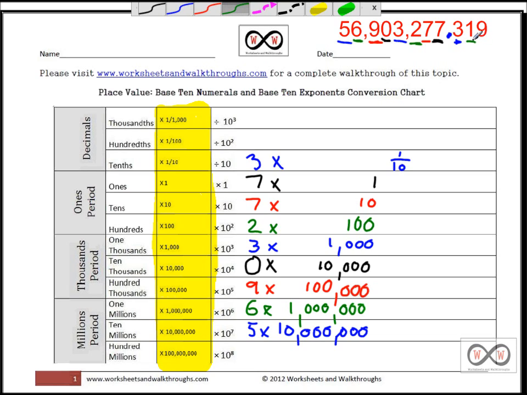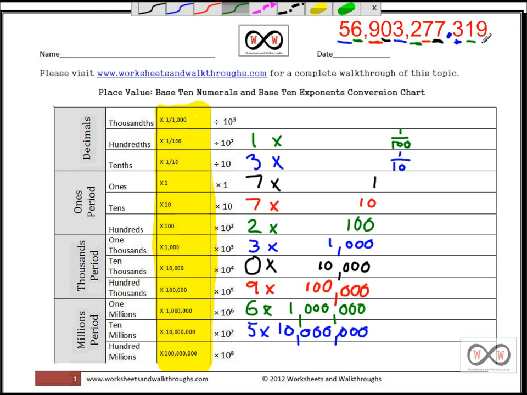And we'll move over to the 1. And the 1 here is in the hundredths place. There it is, the hundredths place. And we'll multiply that by 1/100th. Doesn't that make sense? Because it's the hundredths place. So we're going to multiply that digit 1 times 1/100th. Okay, that's 1 times 1/100th.